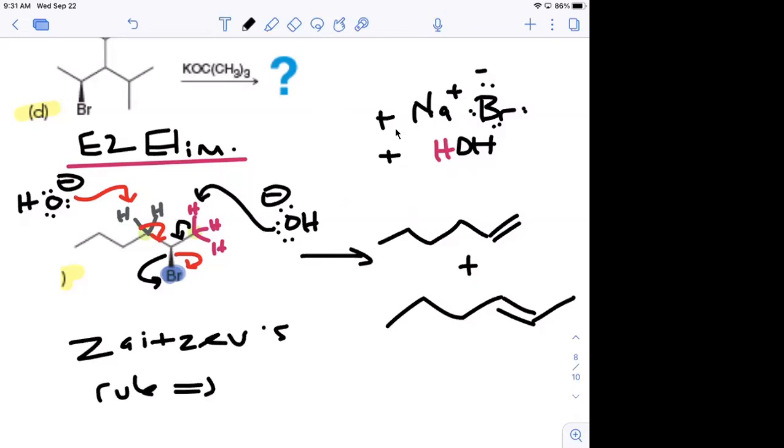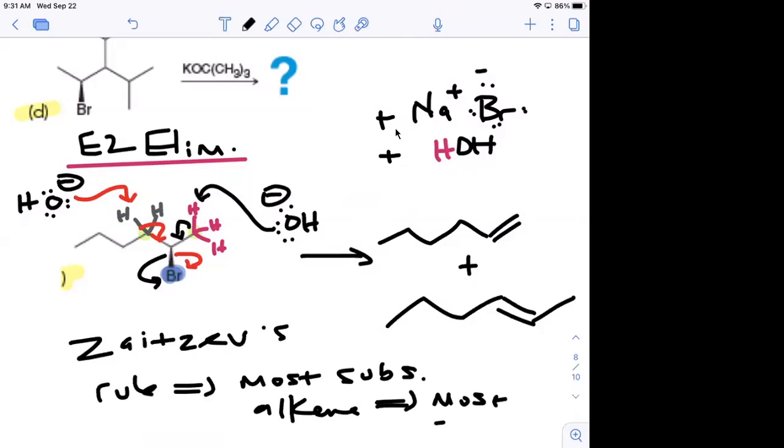Which product is going to predominate? The most substituted alkene, which will happen to be the most what? Stable. Right, so basically it's under thermodynamic control. So you get the more stable product as the predominant product.